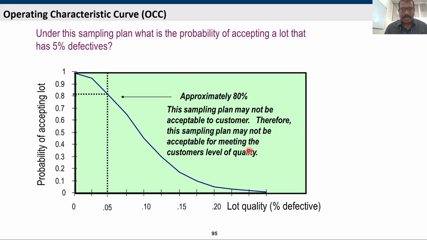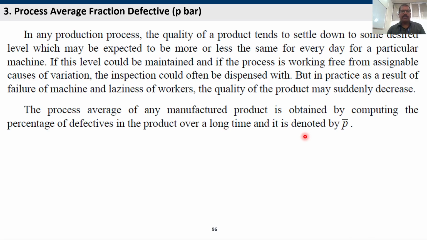This sampling plan may not meet the customer quality level, because only above 90 percent will the customer accept. They won't be ready to accept defects at 5 percent or 20 percent. So you have to consider what the customer demands. This curve will be useful for that.